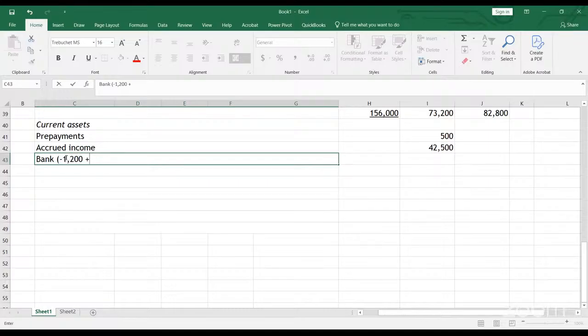But there is some income that was omitted from the consultancy fees received, and it is omitted on the bank statement. How much are the consultancy fees received? They have said 6.8 million received from the client for the services rendered during the year was omitted completely from the books.